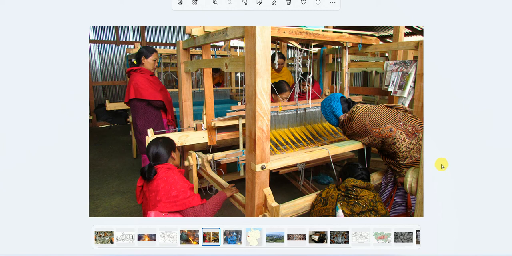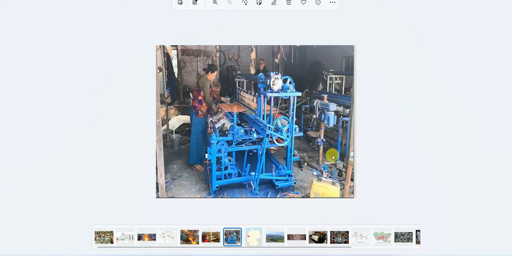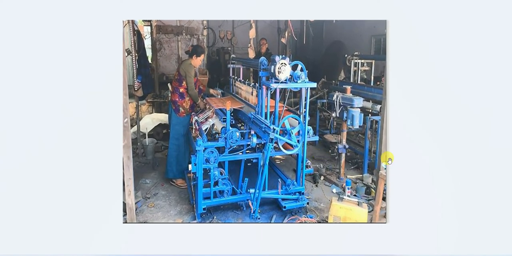So this photograph shows a handloom sector in Manipur. This is the handloom used in Manipur, and see, this is the power loom. Actually, it is almost the same as the handloom, but it is driven by machines. It is mechanized, so it is also a power loom used in Manipur.